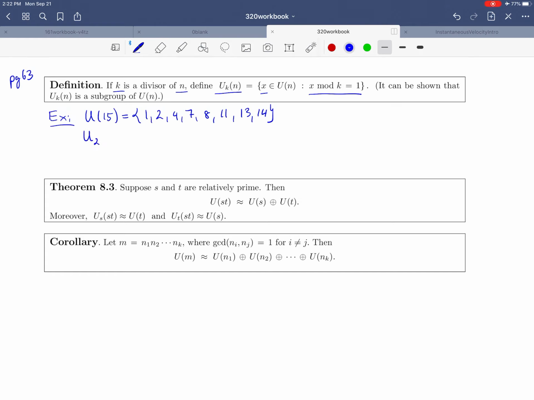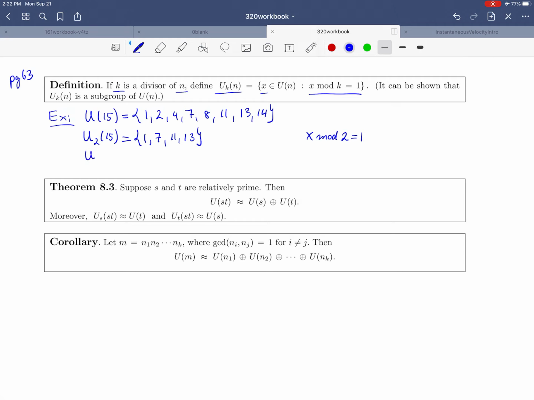And we can look at U sub 2 of 15, for example. That would be all the numbers x where x mod k, in this case 2, is equal to 1. So 1, what else? 7. It's all the odd ones, right? So it's 1, 7, 11, and 13.